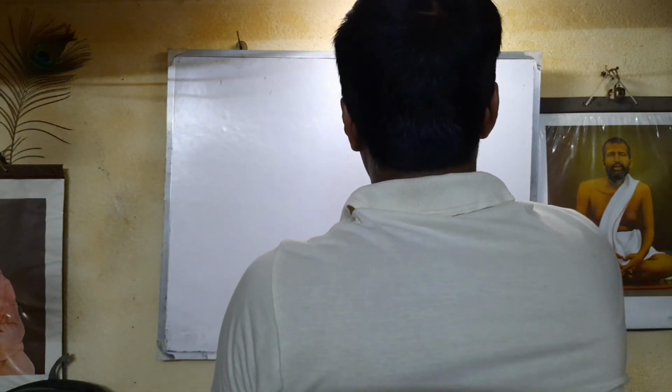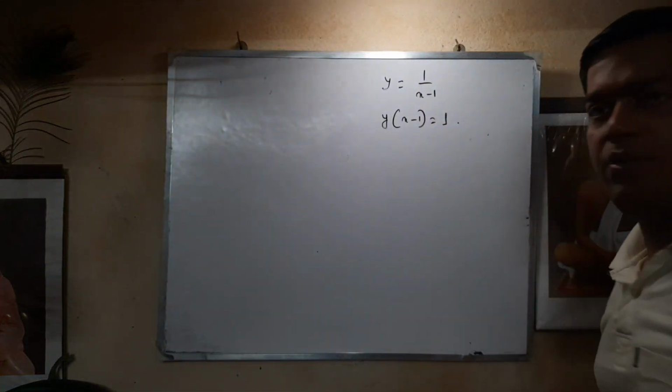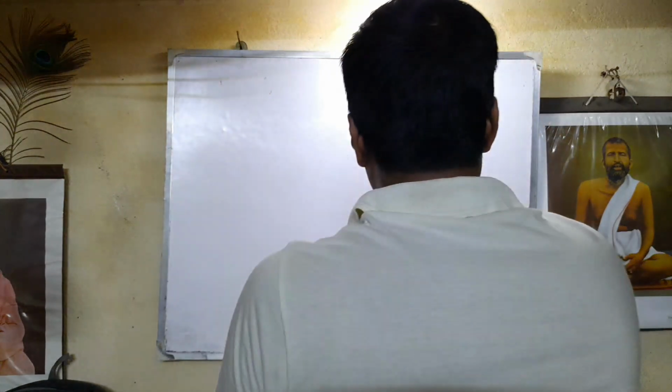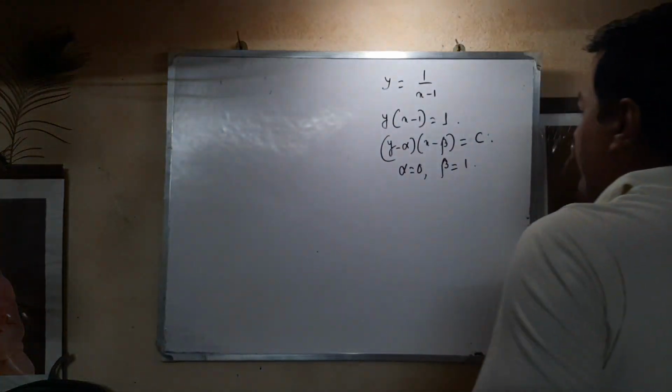That is y into x minus 1 equals 1. So I can compare this equation with our familiar equation of rectangular hyperbola, which was y minus alpha into x minus beta equal to some constant. With comparison of these two equations, I am getting alpha equal to 0 and beta equals 1.